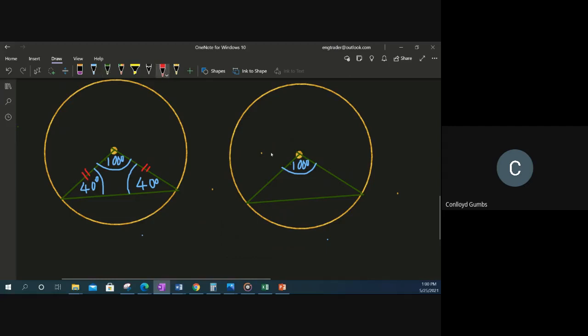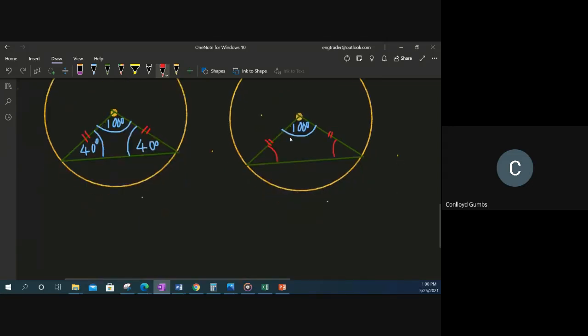Now, when I look at this, I realize, oh, look, this is a radius. This line here is also a radius. So that means two of these have to be the same length. So if two of these are the same length, that means the angle here and the angle here must be equal. So how many more do I need to make 180?